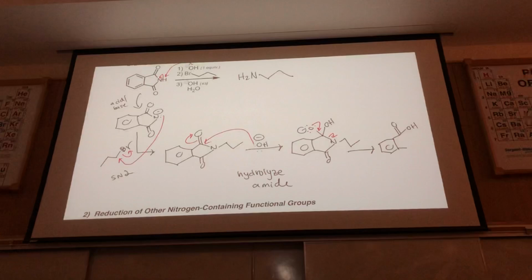Carboxylic acid accomplished there. We're left with a negatively charged nitrogen, still an amide on the bottom. Water's there to neutralize. I'm going to show that step.